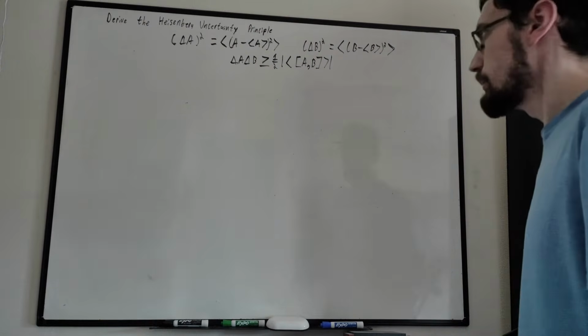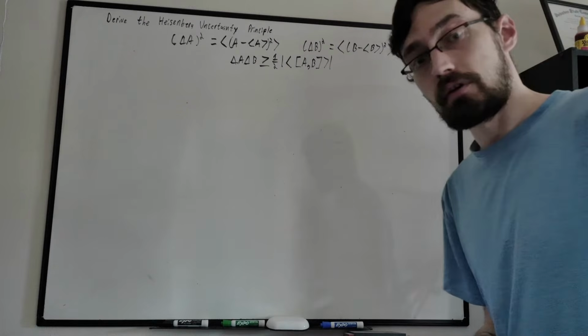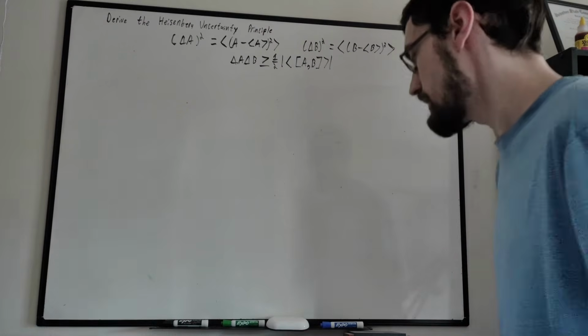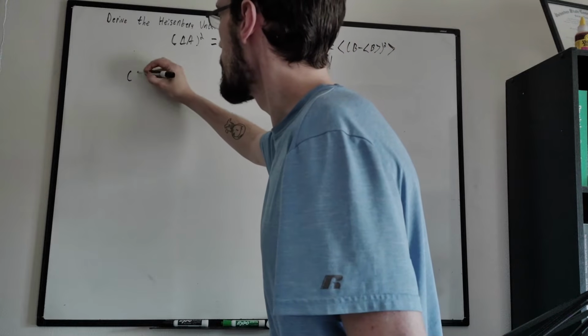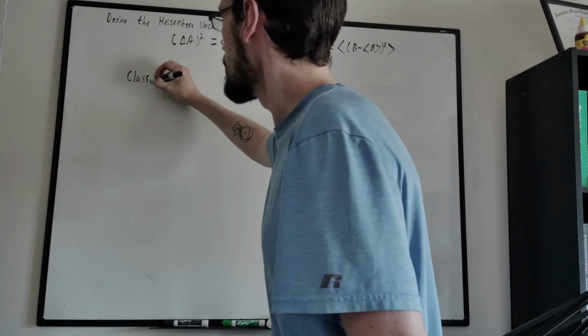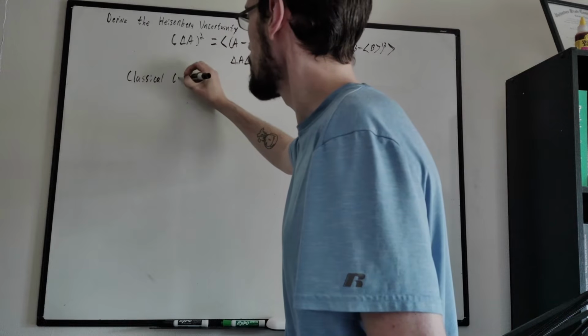Okay, so within this we're going to look at a classical case as well as a quantum case. So in the classical case, we'll just write it out here, classical case.